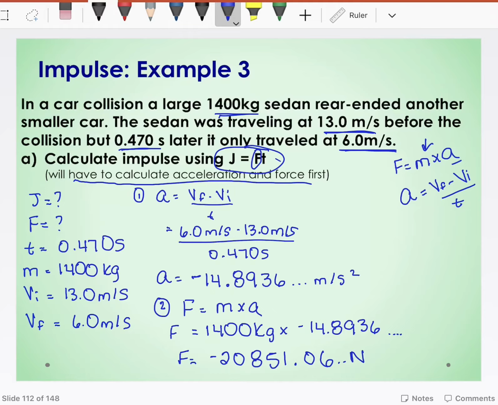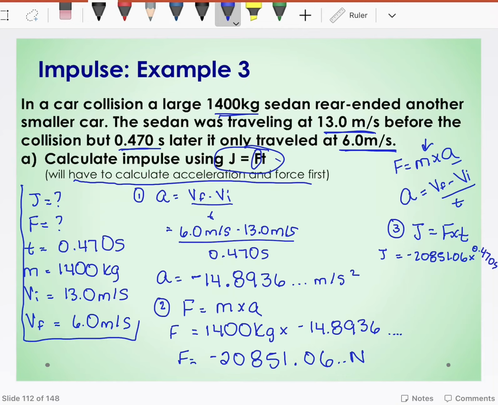Now I can calculate impulse. Sorry, I'm kind of running out of room. Impulse is force times time. I now have my new force, negative 20,851.06, and I would save that in my calculator, times 0.470 seconds.